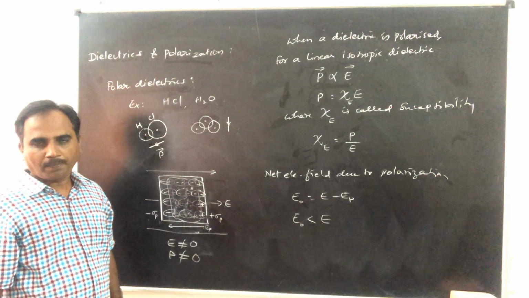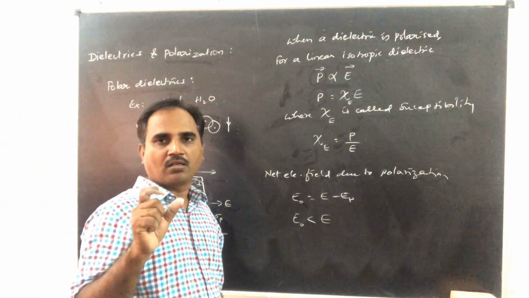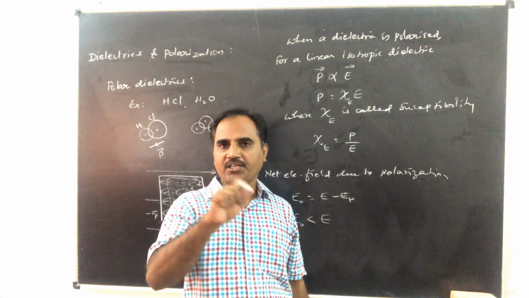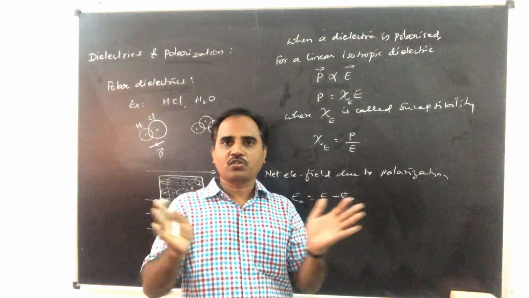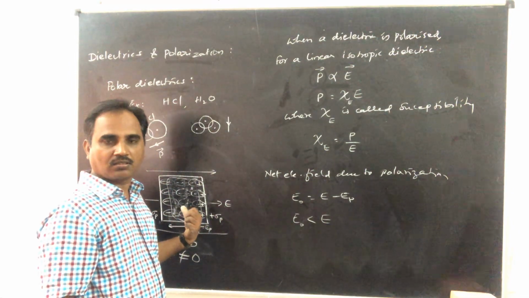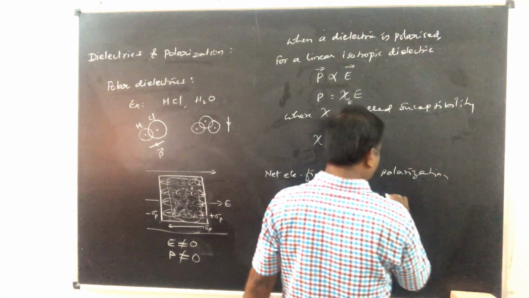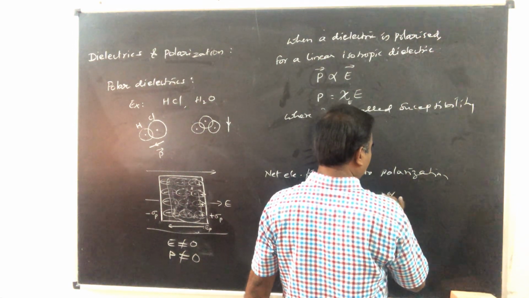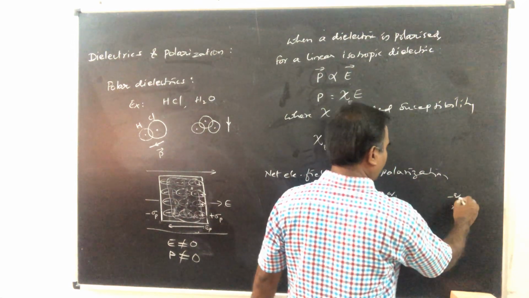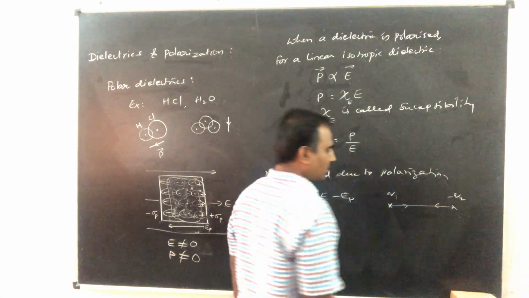For example, in Coulomb's law you learned that when a dielectric medium is used between two point charges, the force decreases. Why does it decrease? Because of the same reason. See, here there is a charge plus Q1, and a charge minus Q2 here. So there will be an attractive force between them, like this.